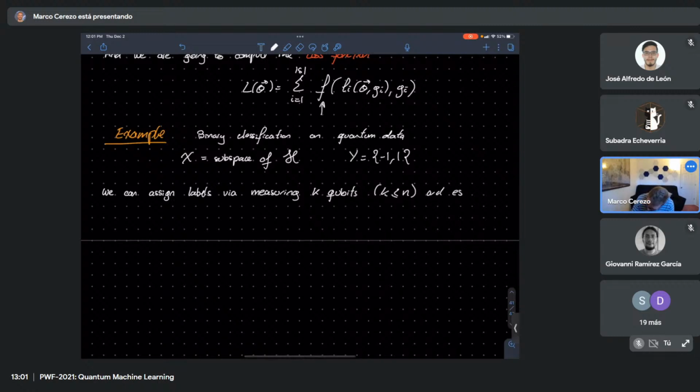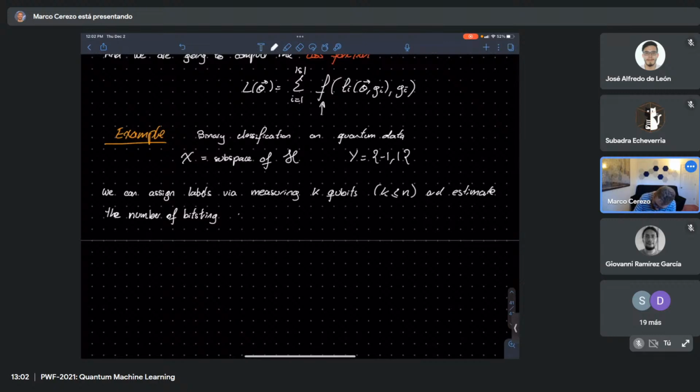and estimate the number of bit strings, via measurements. We already said via measurements, so I don't want to be redundant.